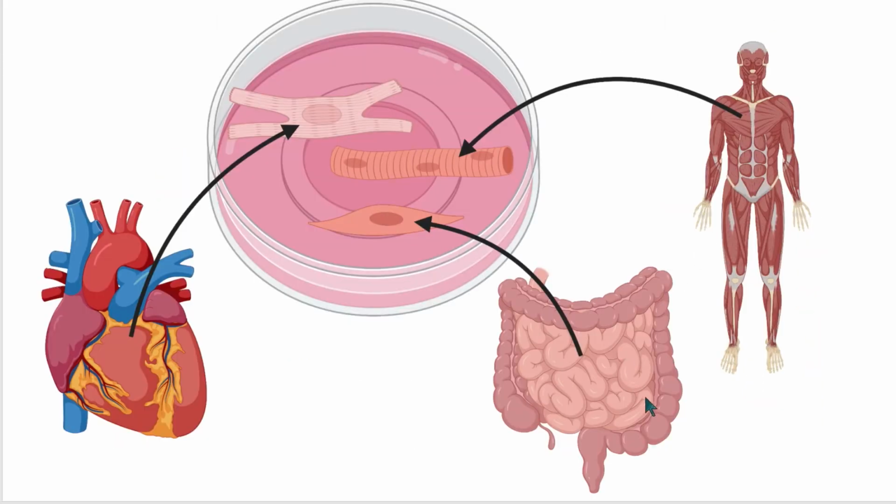So if we were to take these cells out of these different regions of the body and put them on a plate, on a petri dish, or really a cell culture plate, which is what researchers do, and what I've done in the past, then you'll notice that the shape, or what's known as the morphology, of these muscle cells is quite different from one another.